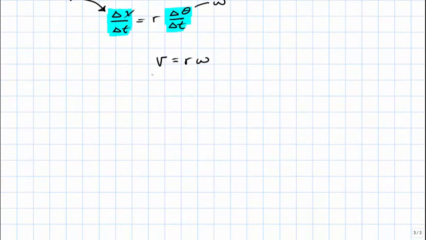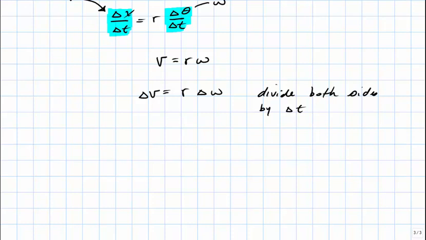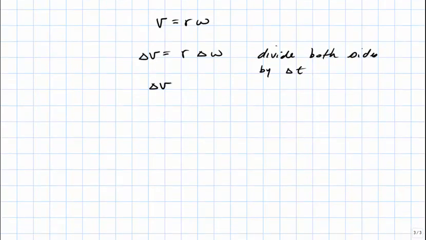Let's introduce the delta symbol in front of the left and right hand sides. If we do that, we obtain delta V equals R times delta omega. Once again, we're going to divide both sides by delta t. And the result looks like this. Delta V over delta t equals R times delta omega over delta t.